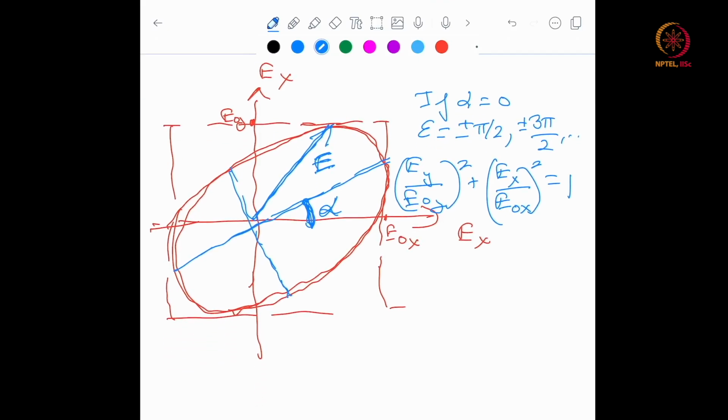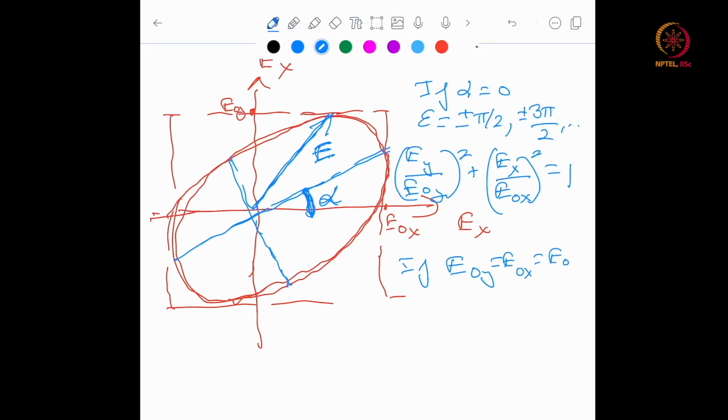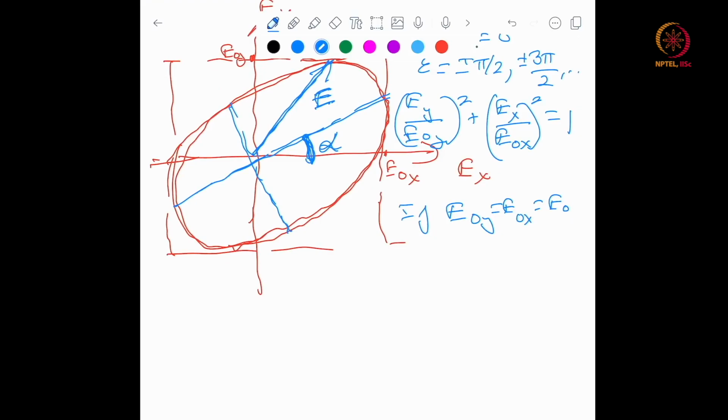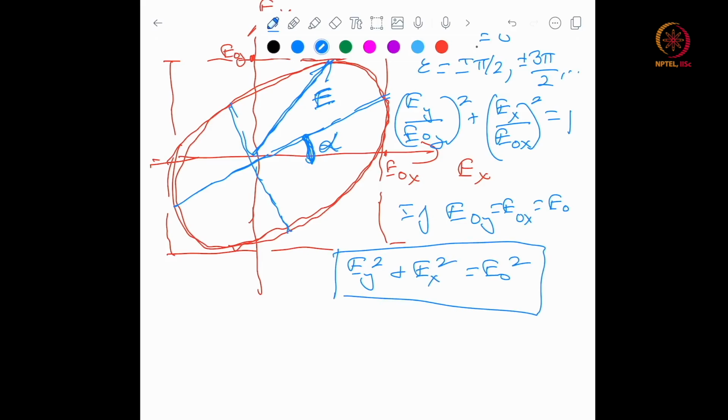Furthermore, if your E0y is equal to your E0x equal to E0, then this can be reduced to Ey² plus Ex² equal to E0². So clearly this is a circle.